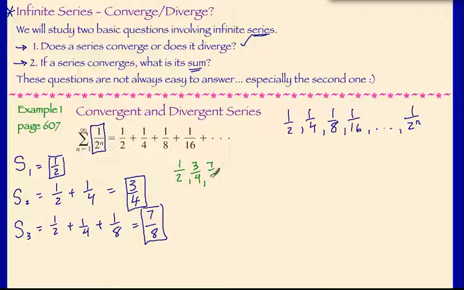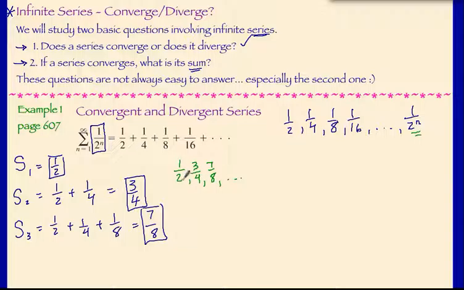3/4, 7/8, and wondering if this is going to converge, I might want to find the general term of this sequence of partial sums. It's not the same as the general term of these terms. Now we're looking at the partial sums to get a general term for that.